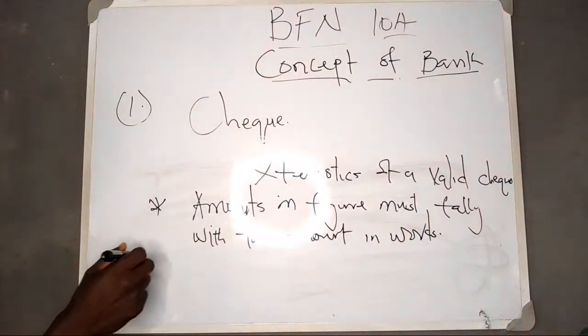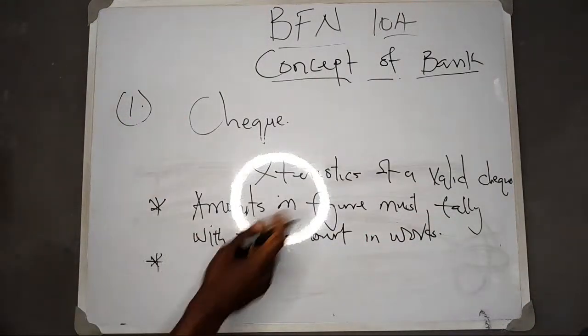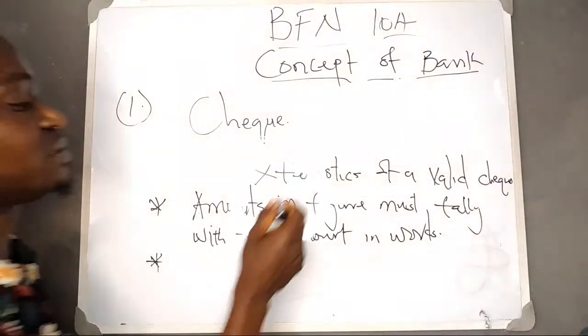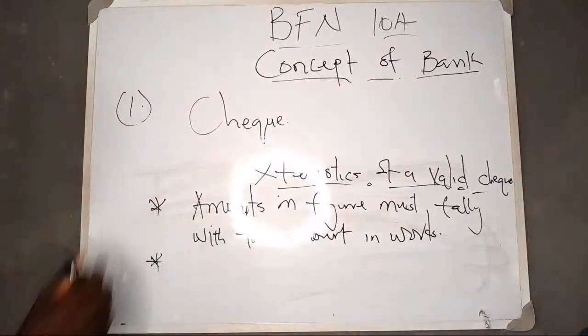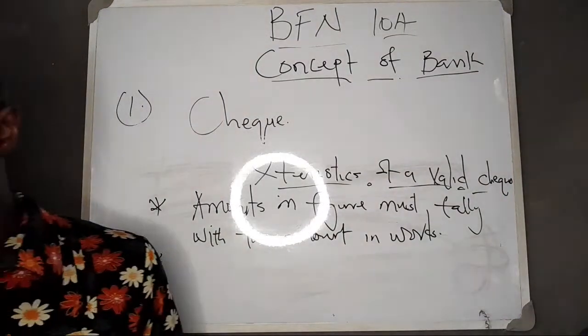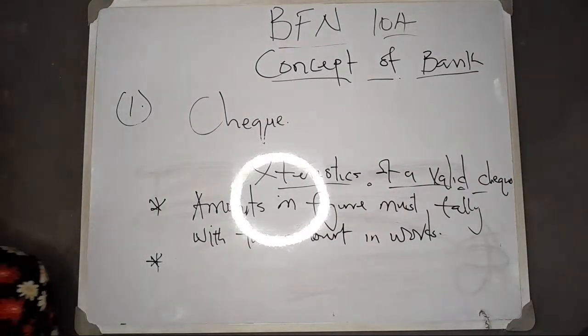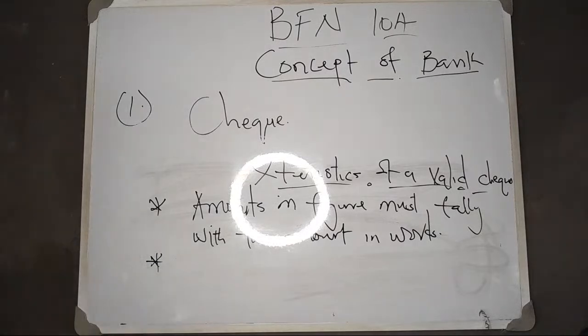So this is one of the characteristics. Please, let's be very fast with our note taking because of our space and our time. So another characteristic of a valid check is that it must be properly dated. A valid check must be properly dated.